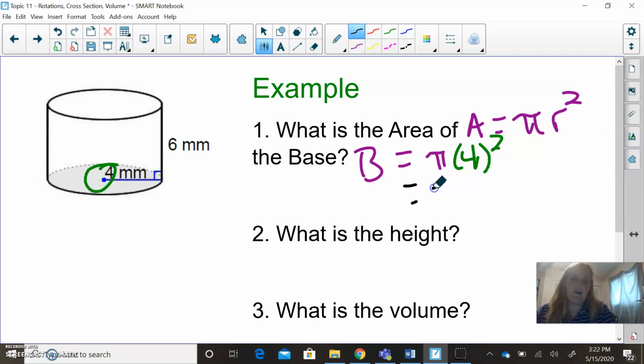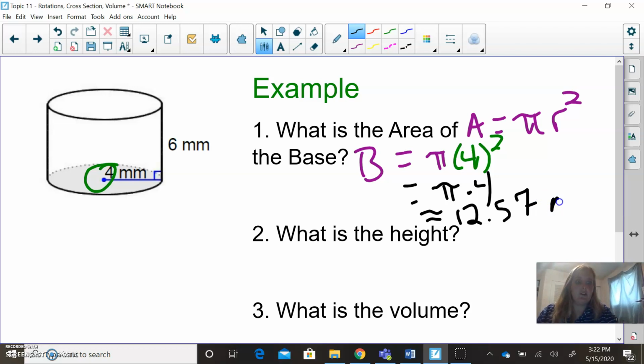So, pi times 4 squared. And like I said, I'm going to round that to the second decimal spot, so the 100th spot. And it's 12.566. Well, because that second 6, I have to round it to 12.57.